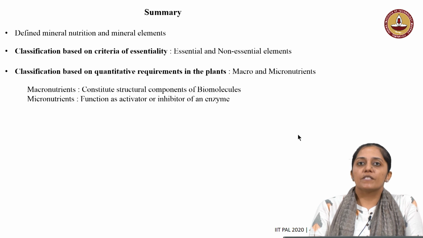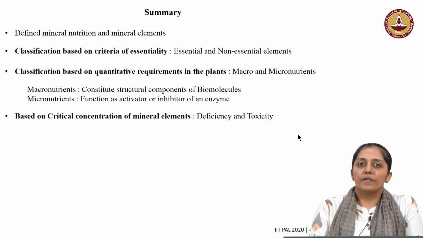The essential elements were further classified into macronutrients and micronutrients, where macronutrients constitute structural components of biomolecules, and micronutrients function as activators or inhibitors of enzymes. Based on critical concentration of mineral nutrients, they can be either deficient or toxic to the plant.